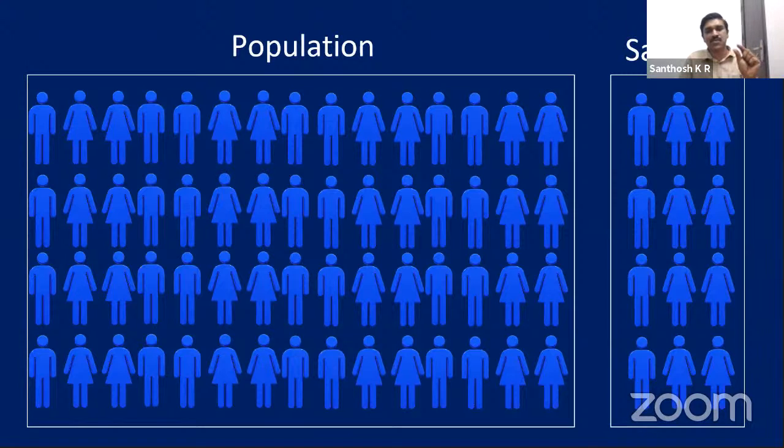But in ratio, 0 is the beginning. So we can multiply and divide those values, because in ratio form, we can say 1 into 0 equals 0. But in interval form, 1 into 0 may be 0, but that 0 has something in it. 0 degrees Celsius is a point where we cannot multiply. 1 into 0 cannot happen in interval level of measurement. This is a major difference.